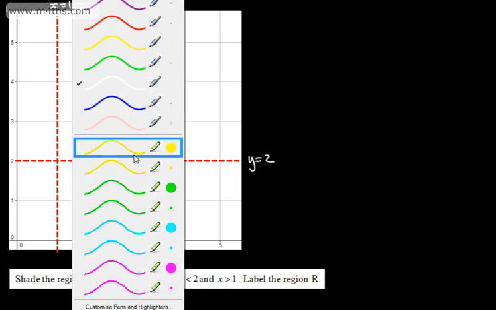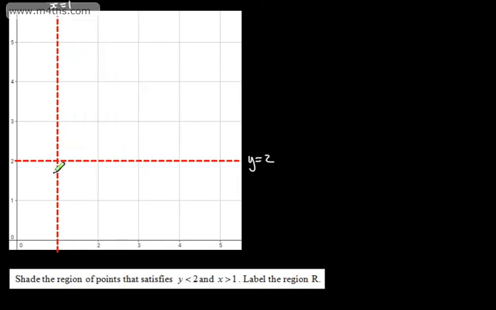Another way we could look at this is to get two different colours. So, for example, let's shade the first one: all of this below, y is less than 2, all down here, and I could have kept this going.